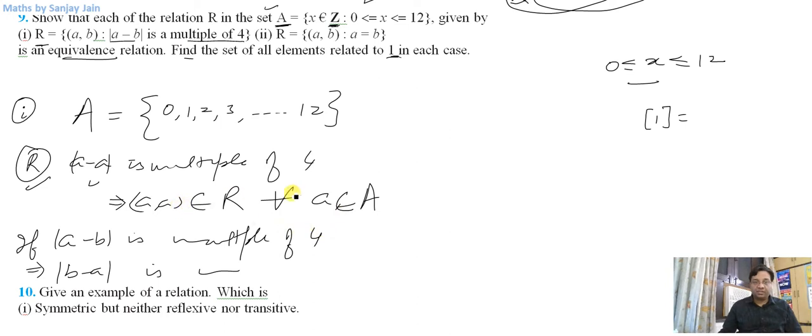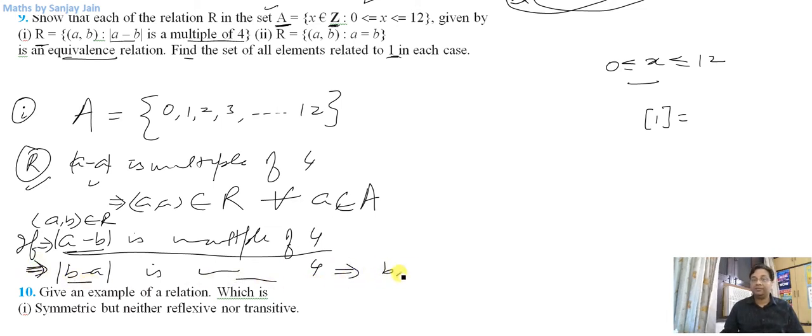When I said A minus B mod is a multiple of 4, I assumed that (A, B) belongs to this relation R. Now this implies that B minus A mod is a multiple of 4, and this implies (B, A) is present in this relation R. So the presence of (A, B) in R implies the presence of (B, A), hence it is symmetric.